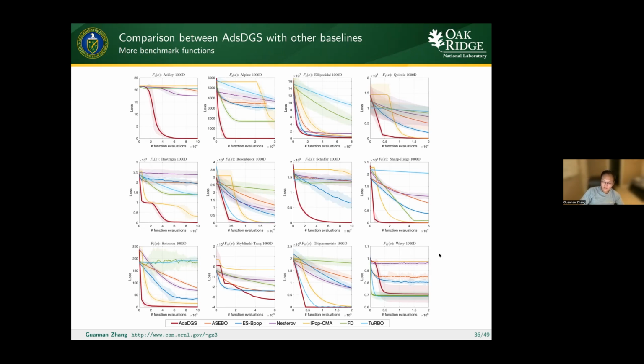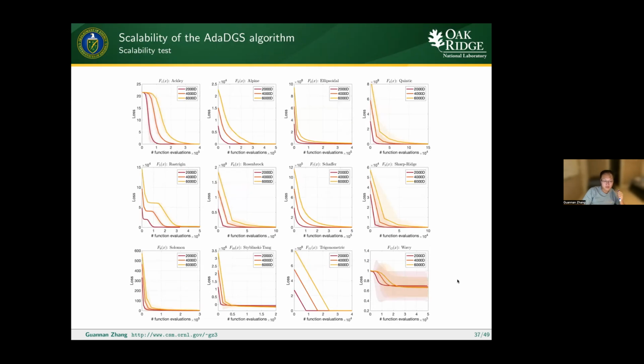And the wavy function is the one that we prove again no method will work on, because it does not have a low dimensional structure to exploit. Here is another scalability test for all the functions for our method. We pushed from 2000D to 6000D. Again, the number of function evaluations increases with the dimension, but we can still find the global minimizer pretty well.